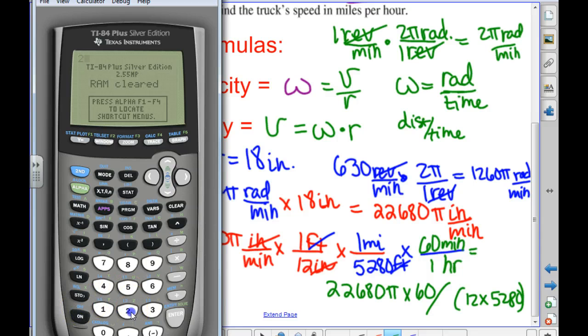Tons of pi in there. Right? Yeah, go ahead and put the pi in, because it will make sense to us. 22,680 times pi times 60 divided by a 12 and a 5280.